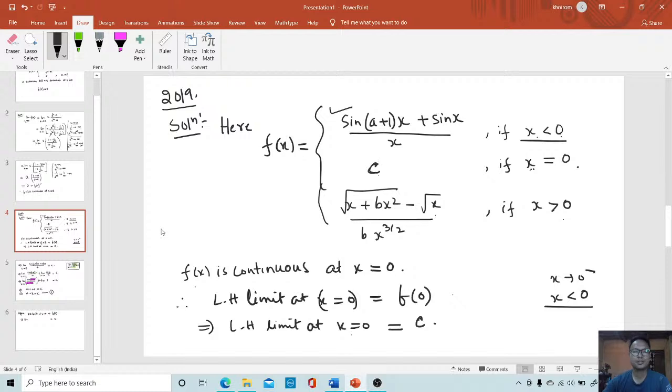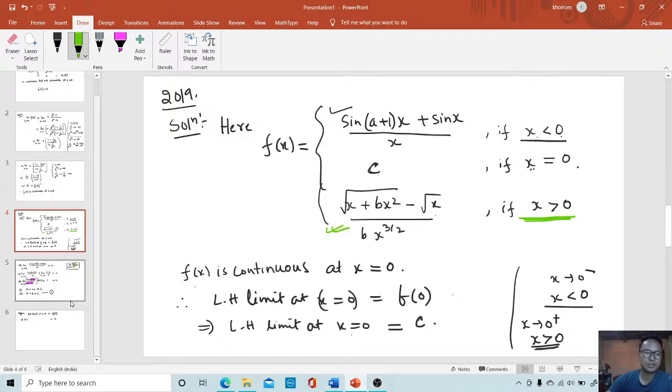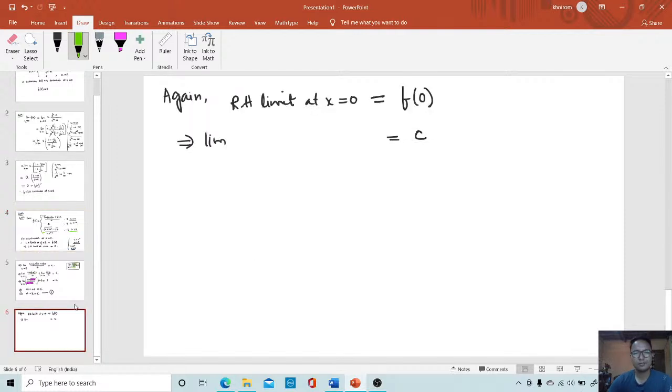Now the right hand limit, that is, x tends to 0 plus, where x is greater than 0. This is the third case. We take the last function.